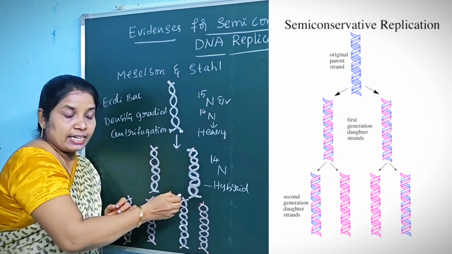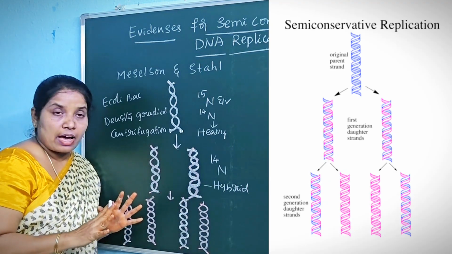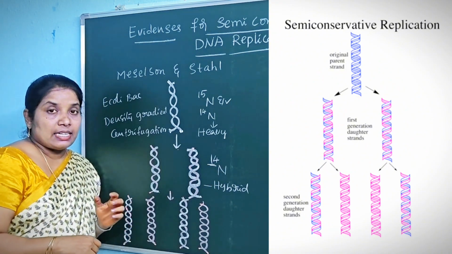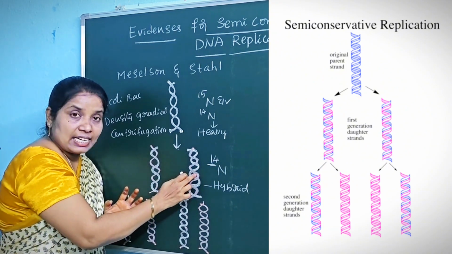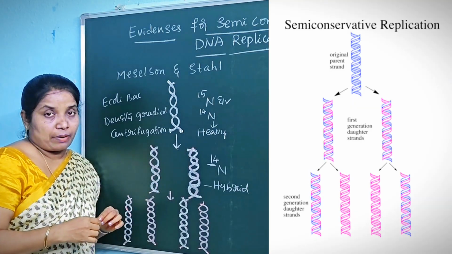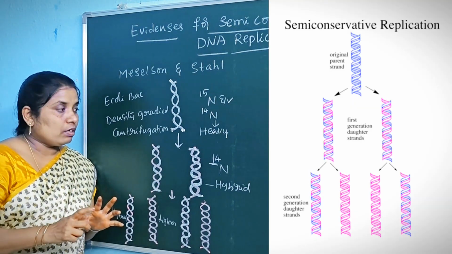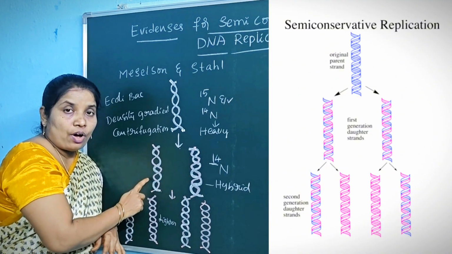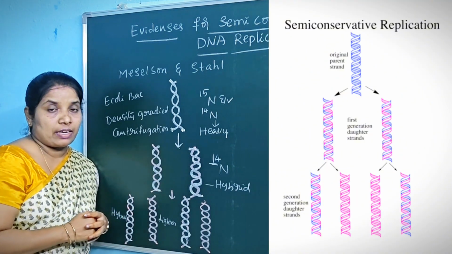Lighter DNA is the one which has N14 nitrogen. That's why the density of this strand is lighter than the N15 DNA fragment. So all the DNA was hybrid DNA after the first replication cycle.